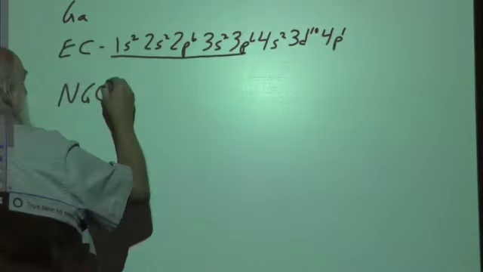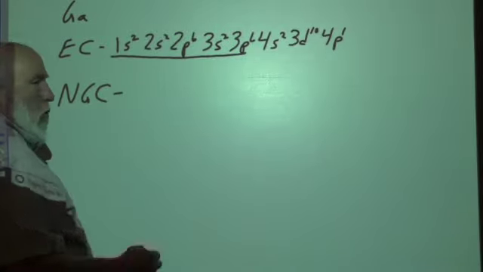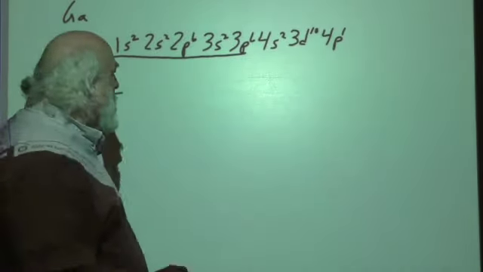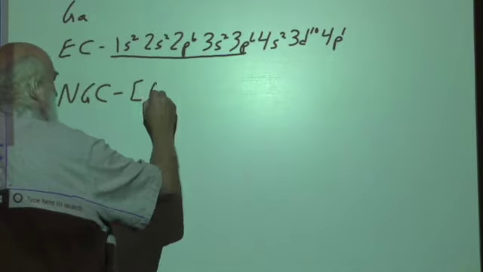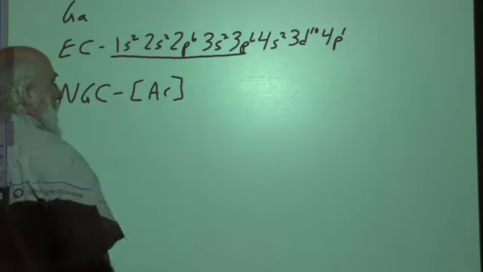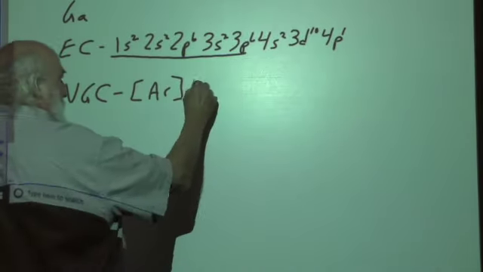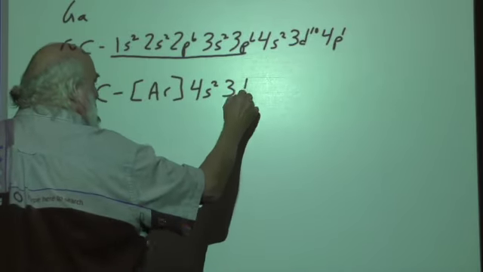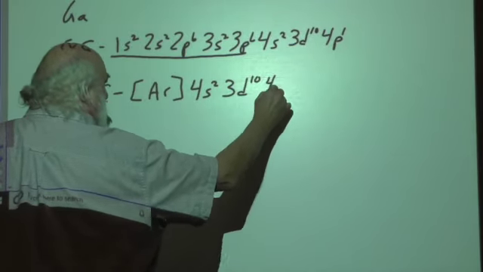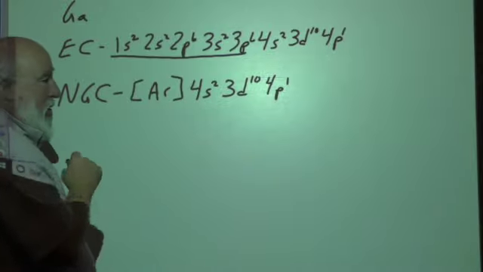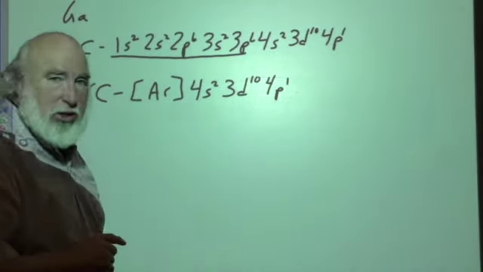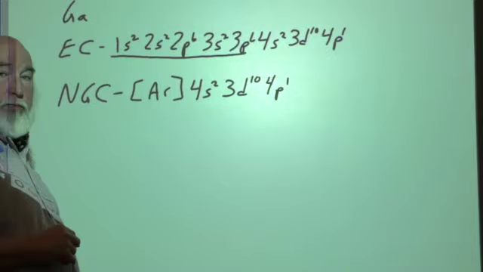All of this right here represents argon. So in this abbreviated form we're going to put Ar in brackets, and then everything else after that gets written out: 4s2, 3d10, 4p1. And that is the noble gas configuration for gallium.